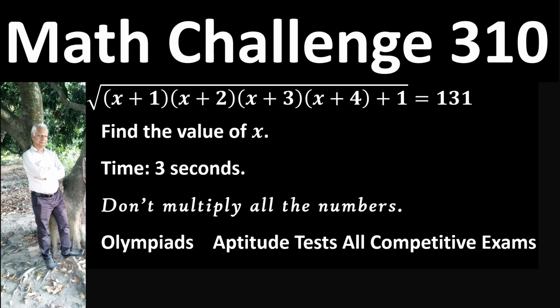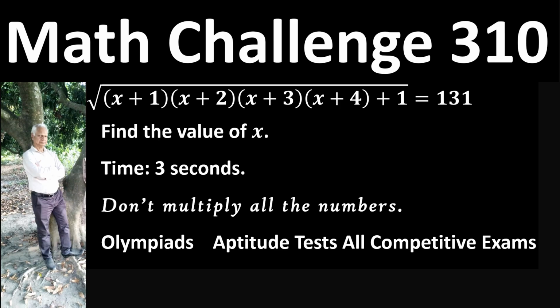Here we have a simple problem, an algebraic equation. The square root of an expression is given as 131 and we have to find the value of x. Now do not multiply all the four quantities, because you will get the answer, but then you will not be able to do it in 3 seconds.